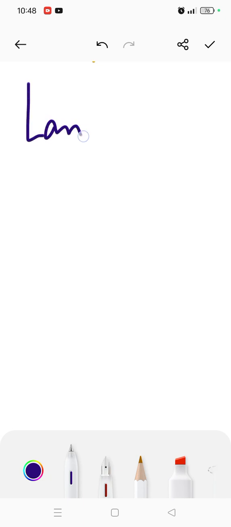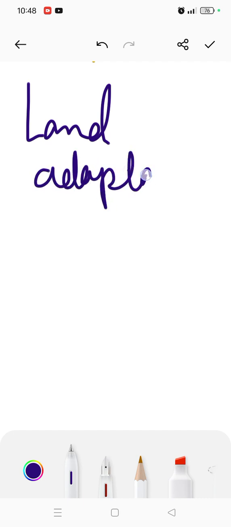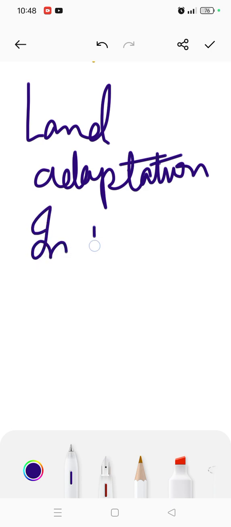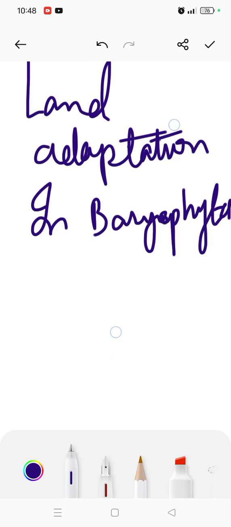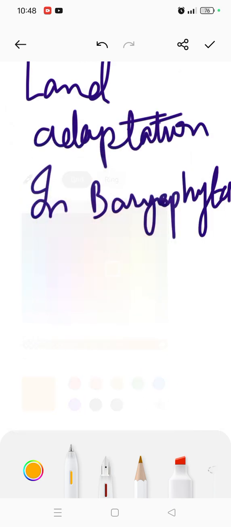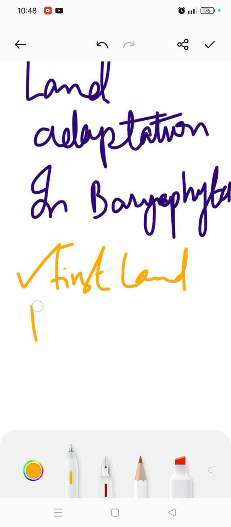Land adaptation in bryophytes. First thing, we should know that these are the first land plants, so they might not have good advanced features, right?